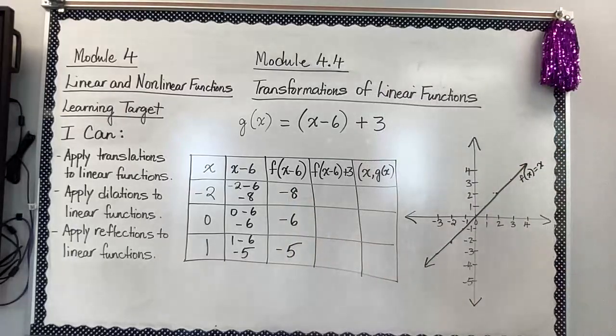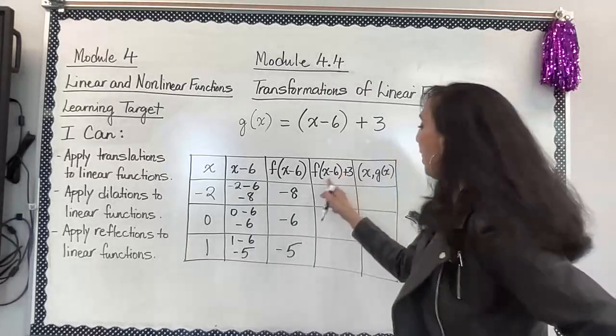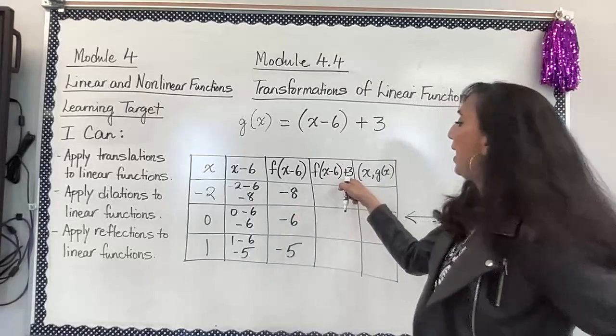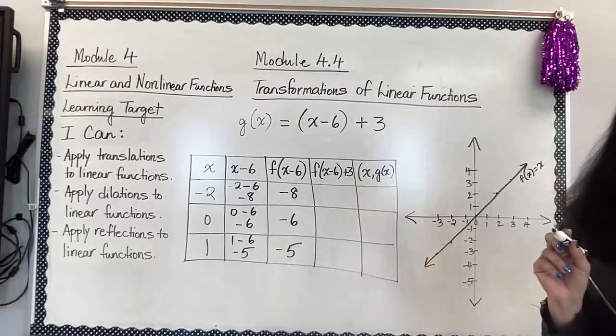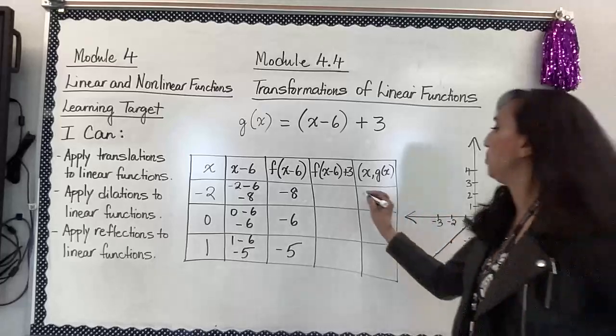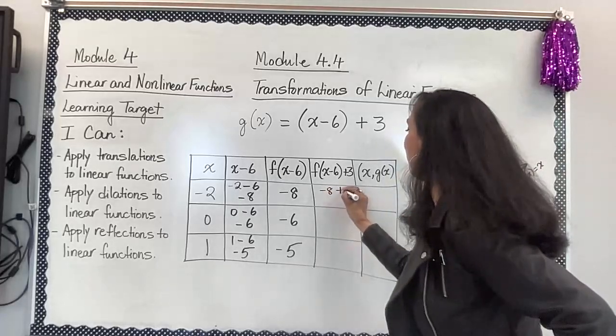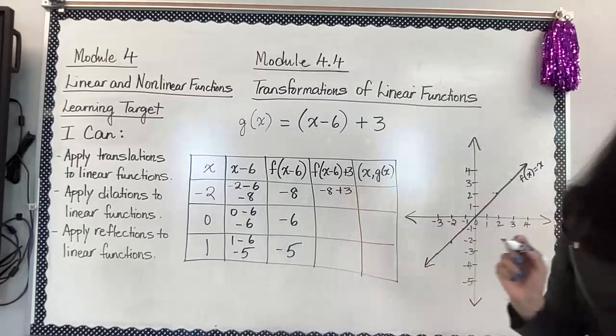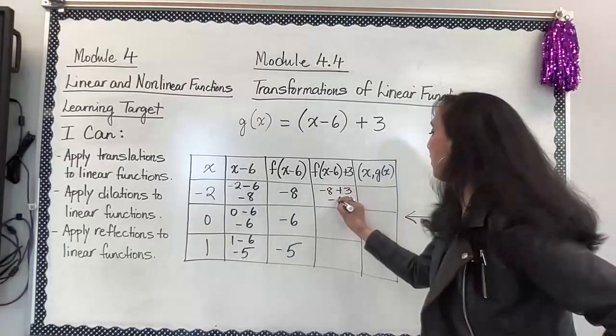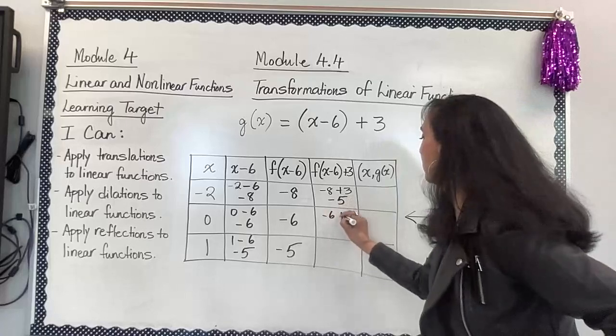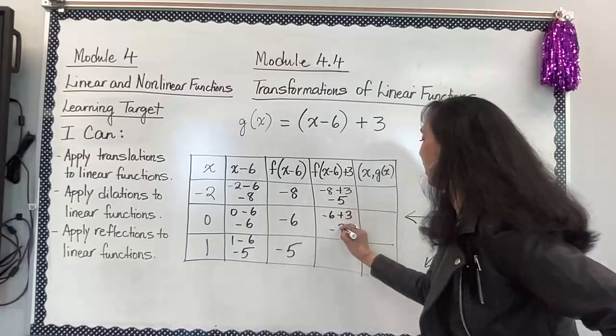And then it is saying that I need to calculate f of x minus 6, which is this, plus 3. So if I do negative 8 plus 3, what do I get? I get negative 5. If I do negative 6 plus 3, I get negative 3.